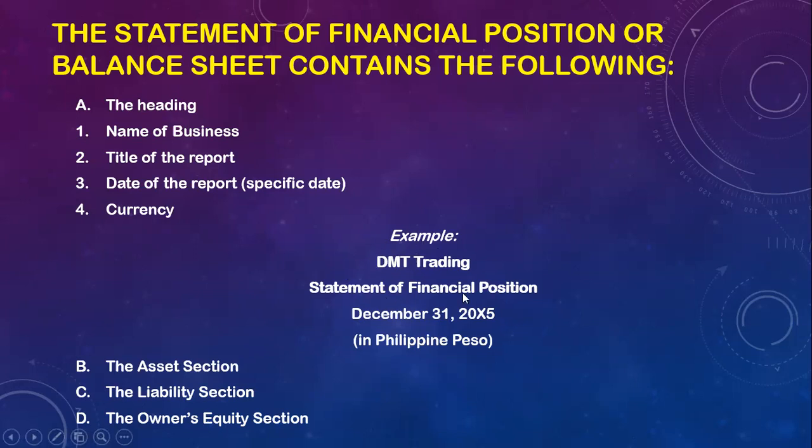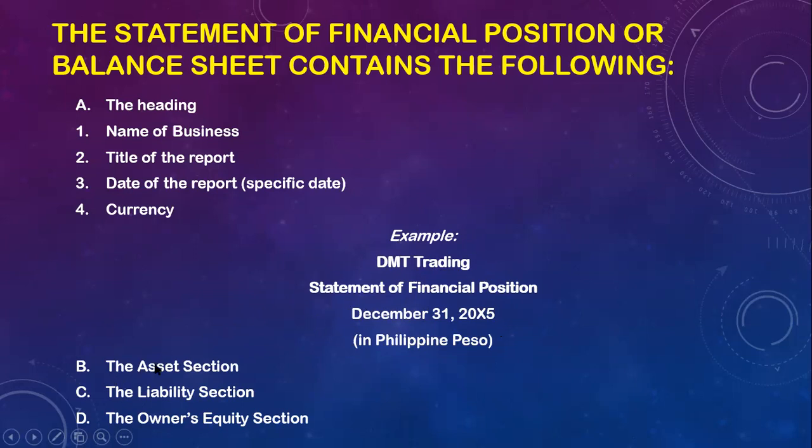Title of the report, statement of financial position, then date of the report, specific date, example December 31, 20x5, then currency in Philippine peso. So, kung mapapansin nyo, dapat in every financial statement, meron tayong tinatawag na heading. Okay? So, heading. Nandiyan yung name of business, title of the report, date of the report, and currency.